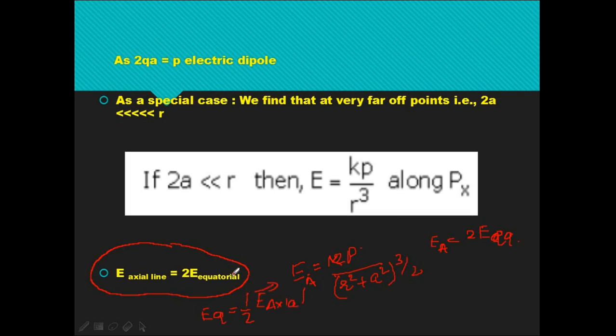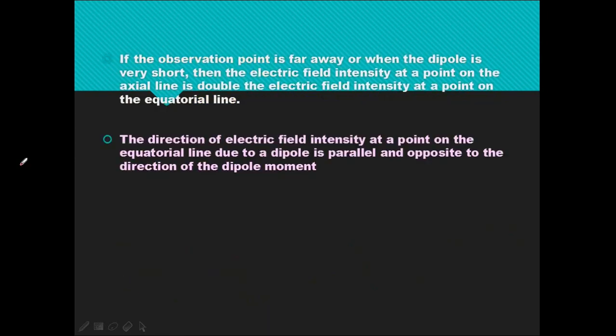This relation is very important. Now next, if the observation point is far away or when the dipole is very short, then the electric field intensity at a point on the axial line is double the electric field intensity at a point on the equatorial line.